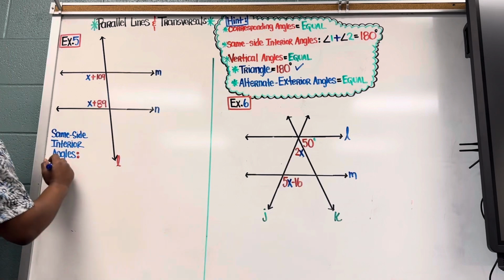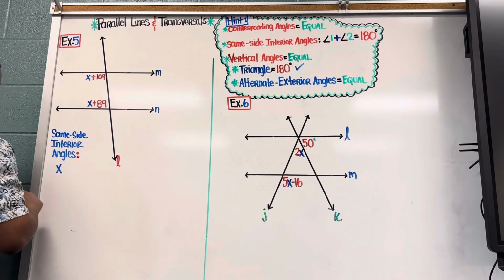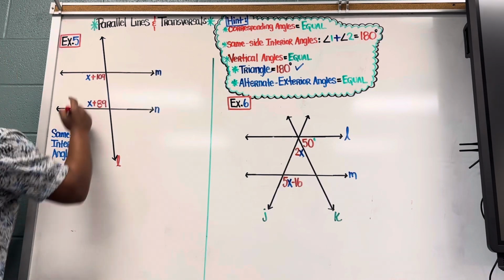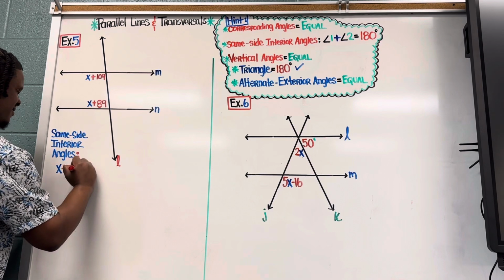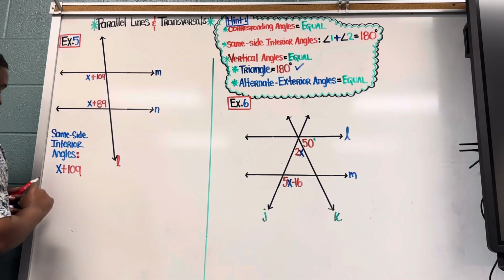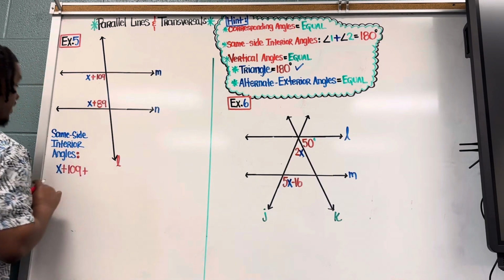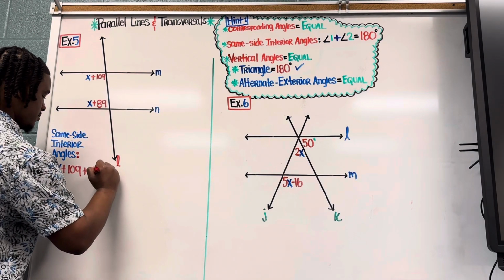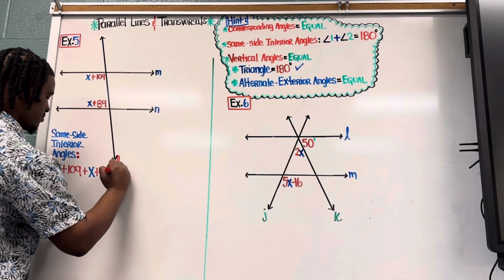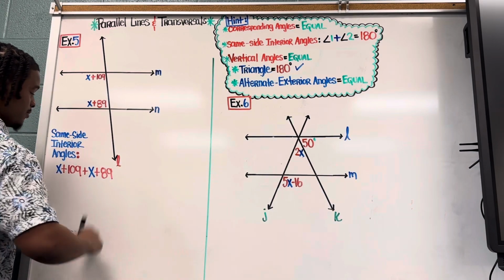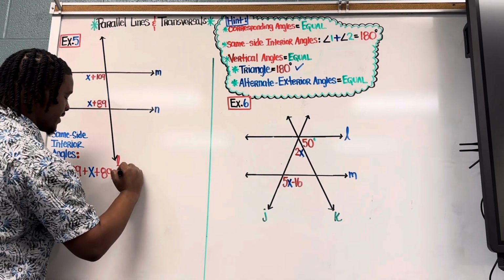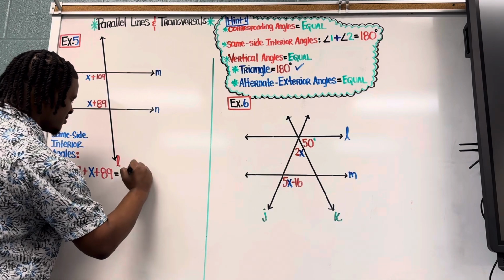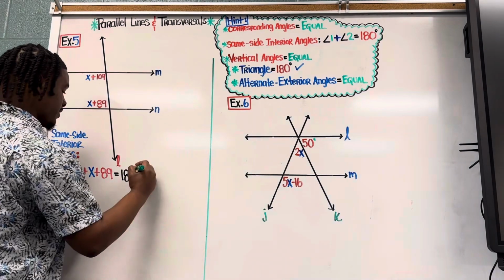Which means that x plus 109 added to x plus 89 will equal 180 degrees, okay? So we're about to figure that out.